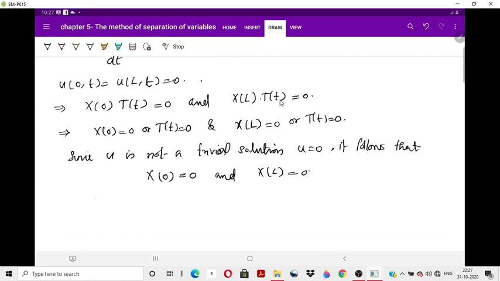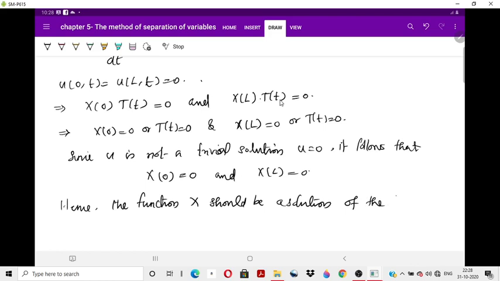Hence the problem is, the function X should be a solution of the boundary value problem.